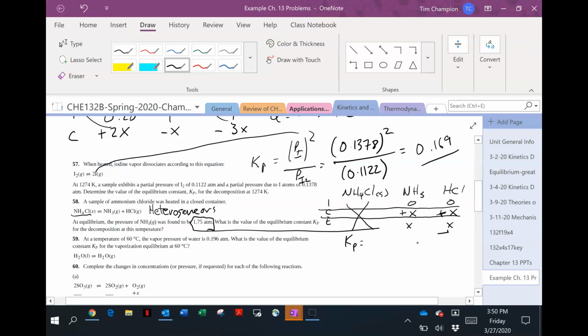And I wrote Kp, you'd think I'd get that. So P sub NH3 raised to the first times P sub HCl raised to the first. So that's going to be 1.75 times 1.75. And that I ought to be able to do in my head. It's going to be a little less than 4.